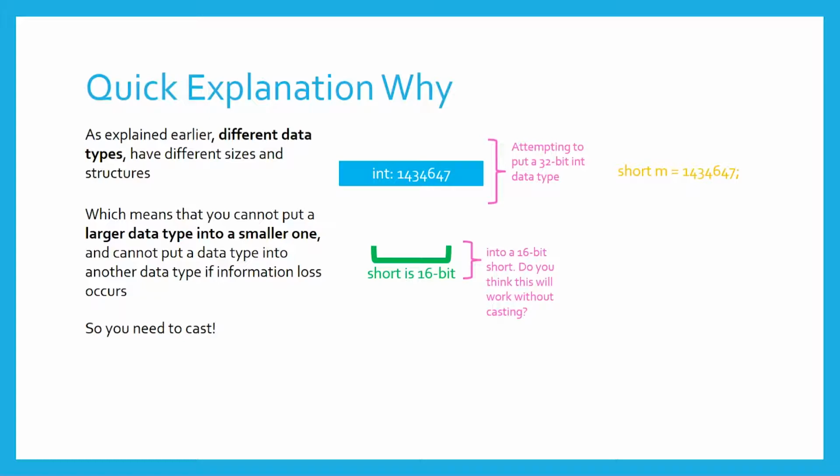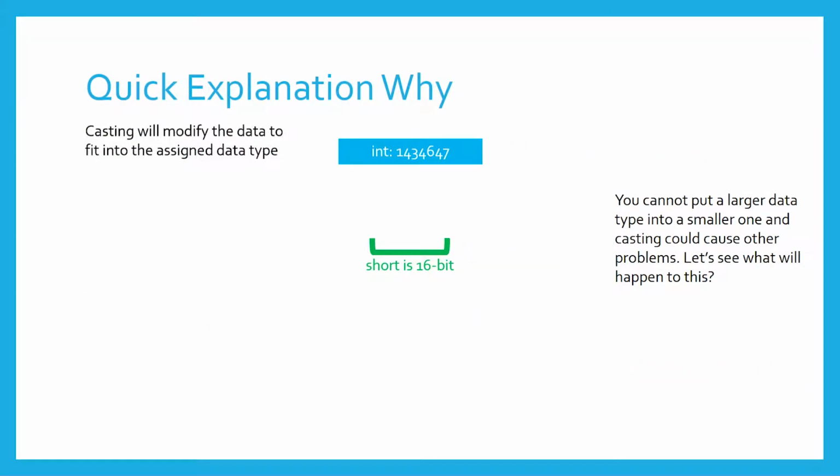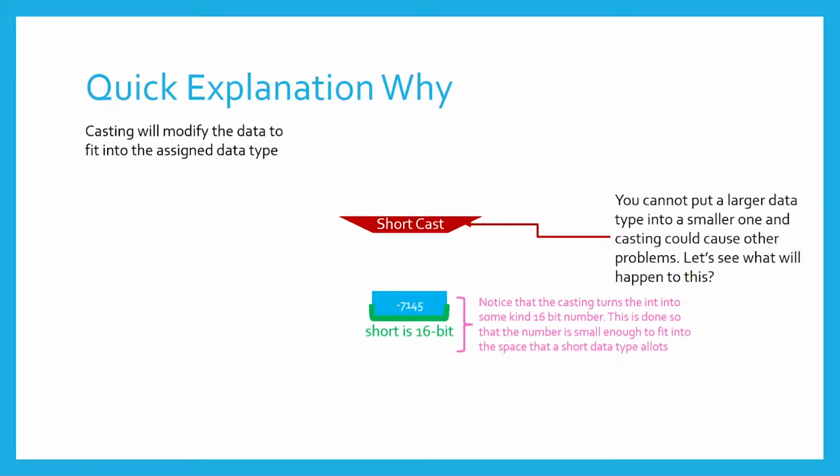Also notice that an int is 32-bit and a short is 16-bit, so it should be pretty obvious that you'll need to cut out something in order for one to fit into the other. So this can be fixed with casting. However, depending on what you are casting, you might have information loss. Notice here the original number gets changed. So you need to use a function to remove and restructure the information.